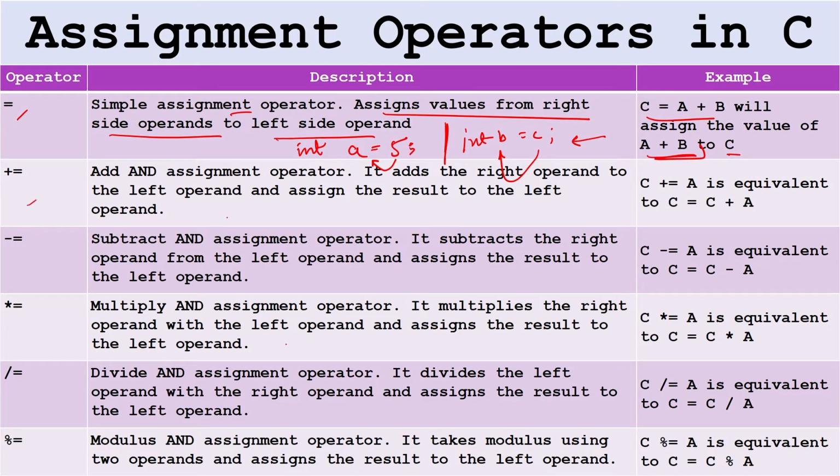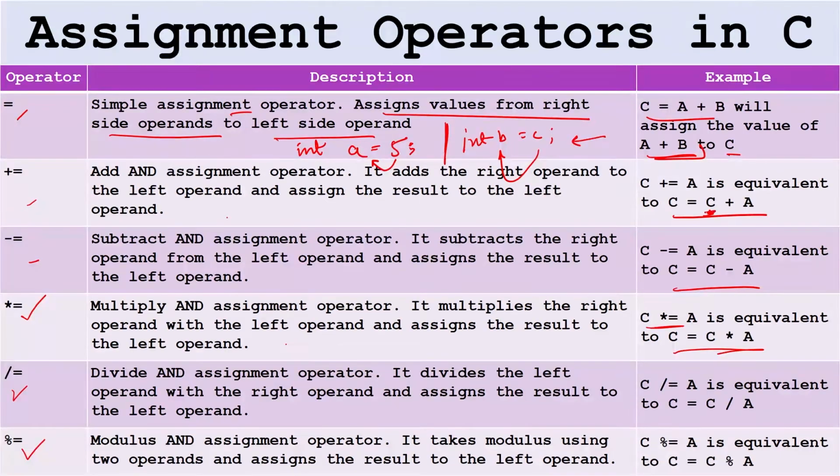Similarly, we have plus equal to, that means C equal to C plus A, minus equal to, so it means C equal to C minus A. When we write product equal to, it will mean C equal to C multiplied by A, and similarly for the same we have division and modulus. So what does this mean?